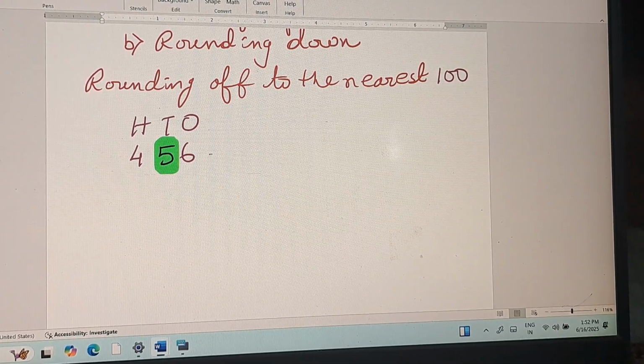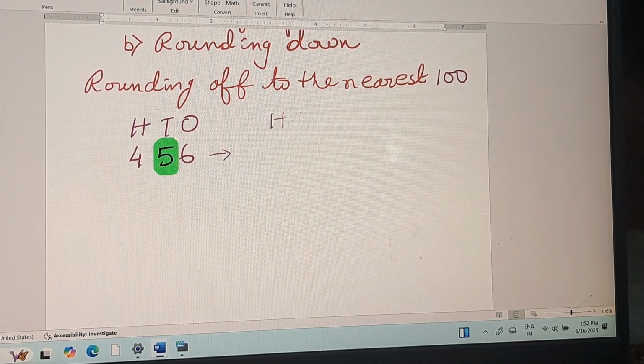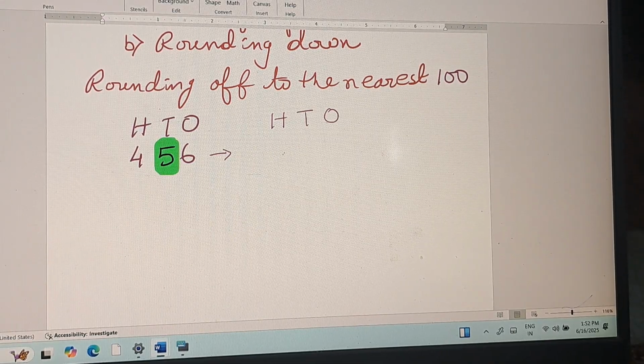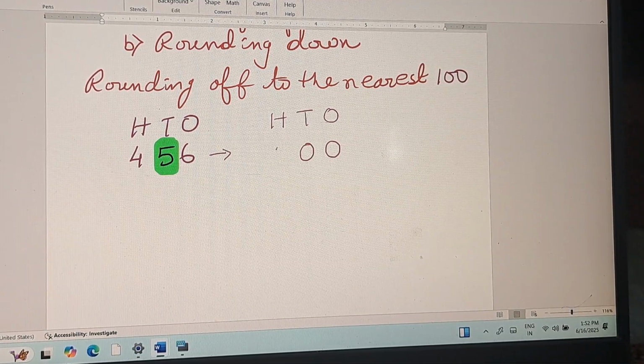So in tens place we can see the value is 5. Since it is 5, in ones place we will put 0. Here also we will put a 0, and it will become 500.